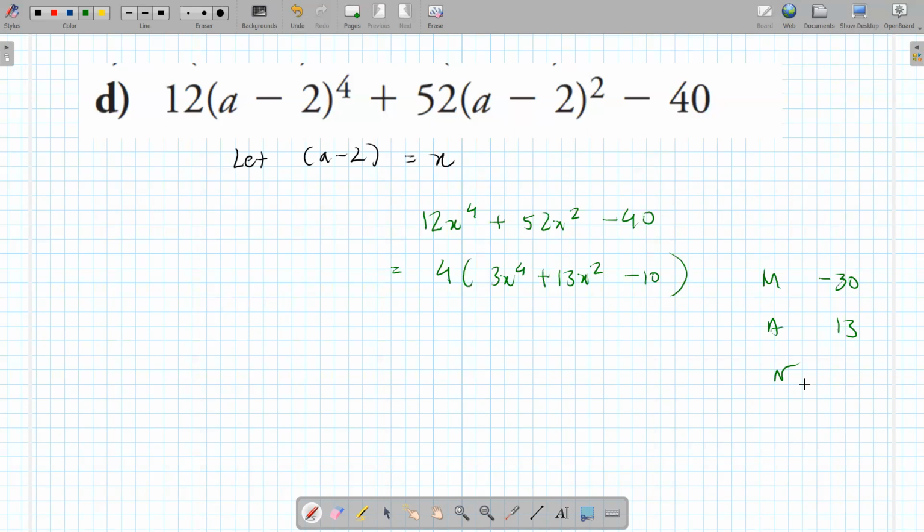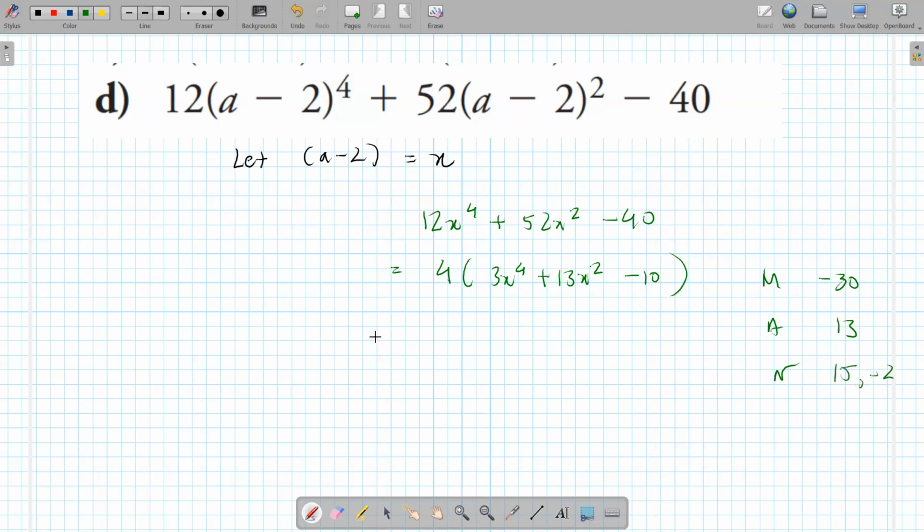What are the numbers? Multiplies to negative 30, adds to positive 13. 15 and negative 2.